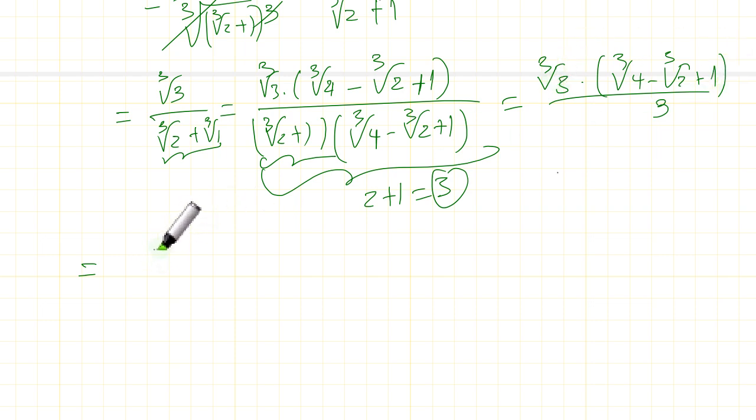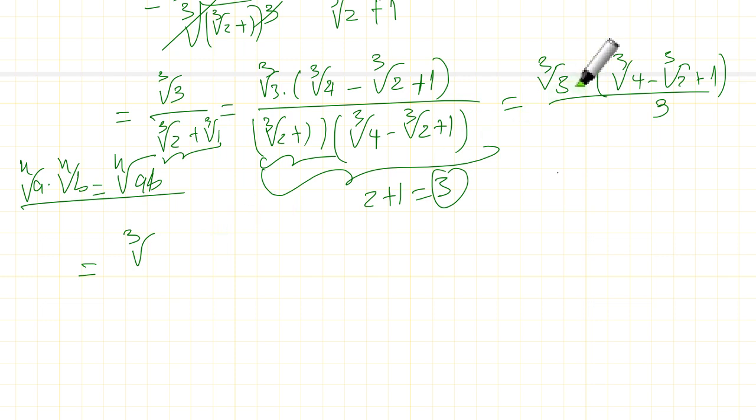We're gonna have then cubic root of 2 times 4, because when we have cubic root of a and cubic root of b here, we can say cubic root of ab, right? So applying this, we're gonna have 12 minus cubic root of 6, and then plus cubic root of 3, and all divided by 3.